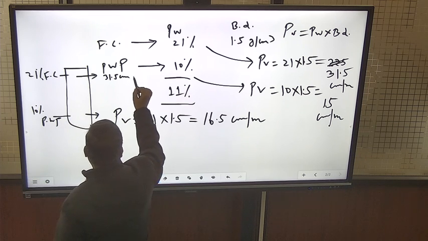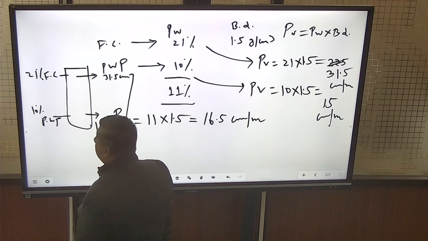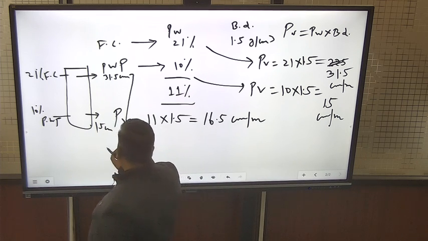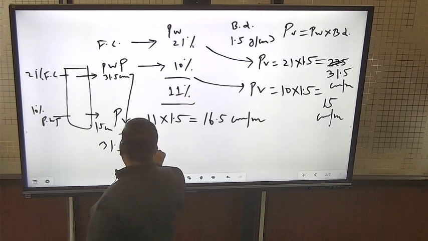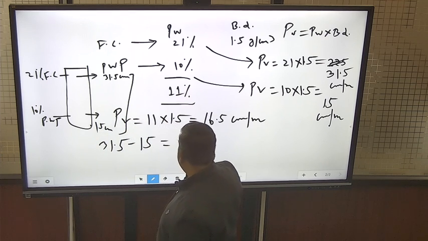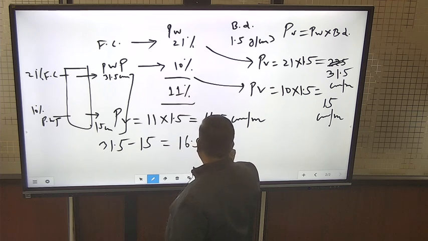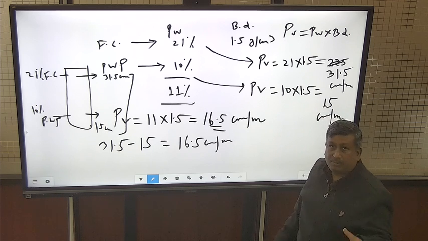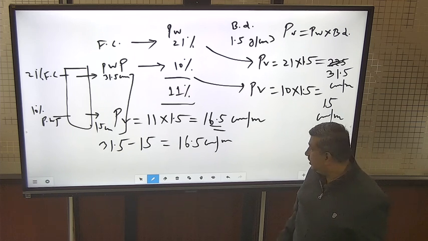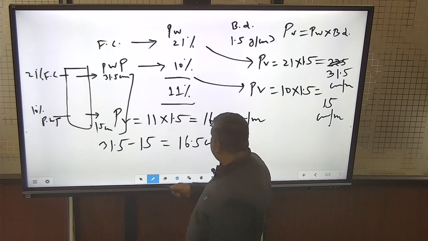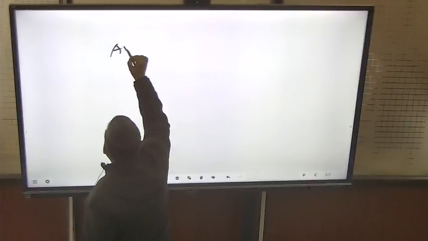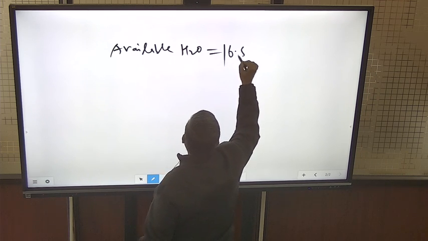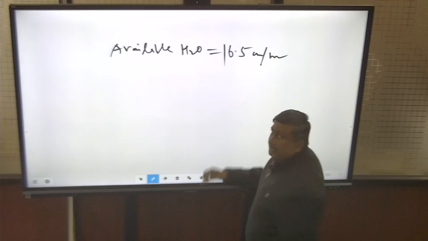This range, 31 to 15, is the available soil moisture. So it comes to 31.5 minus 15, that is 16.5 centimeter per meter. So we calculated it from here, and also took the difference. It means available moisture is 16.5 centimeter per meter depth.